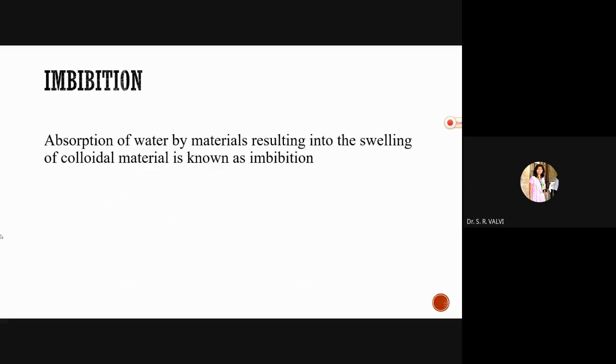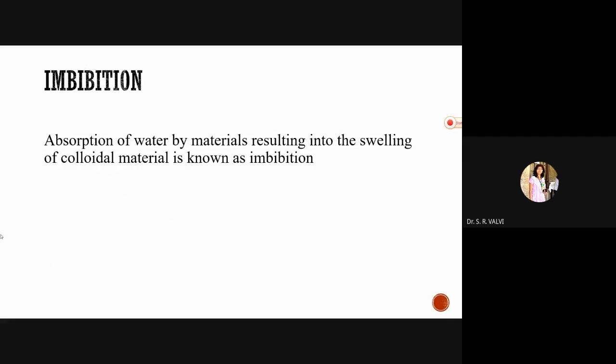So this kind of phenomenon which is occurring within the seed is nothing but the imbibition phenomenon. What exactly imbibition is, I'm going to explain right now. Absorption of water by materials resulting in swelling of colloidal material is known as imbibition.